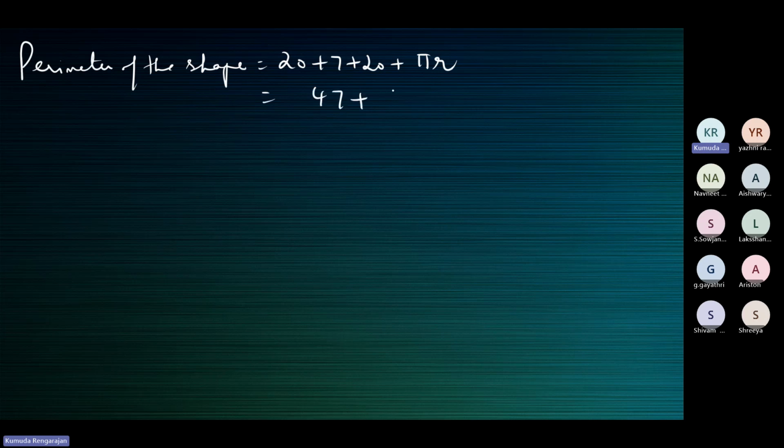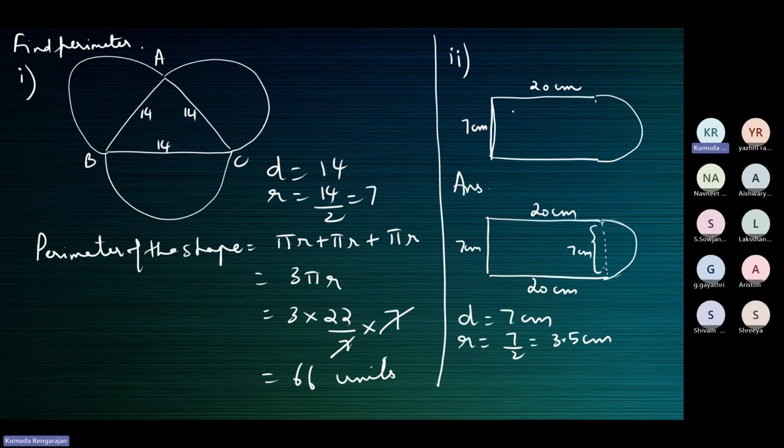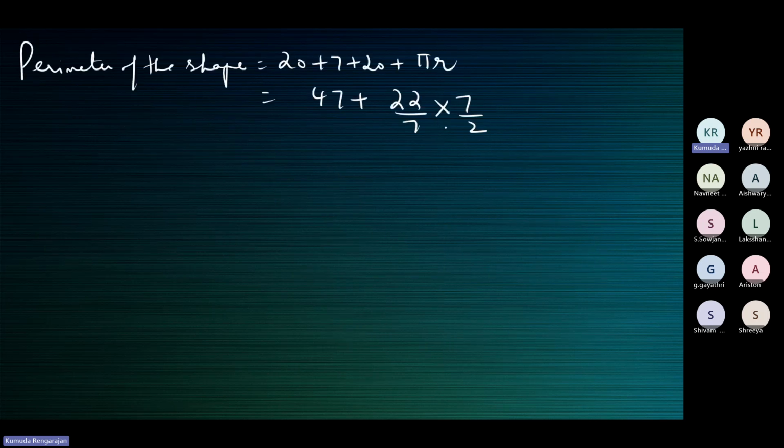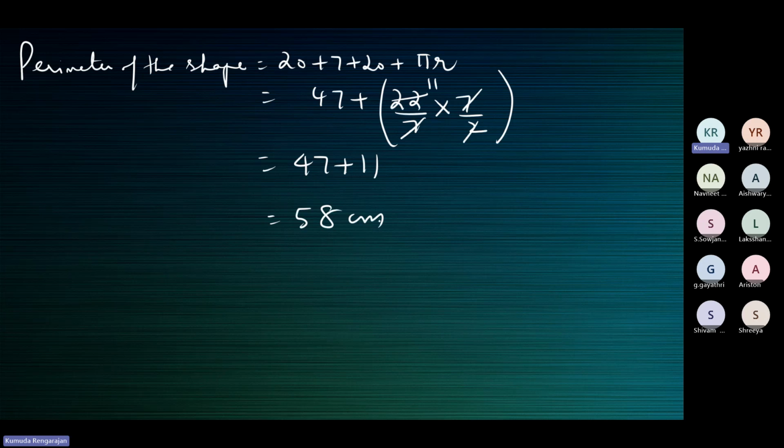Pi is 22/7 into r, 7/2. Don't take 3.5. You can, but take the fraction 7/2. So 7 cancels, 2 elevens are 11. So 47 plus 11. This should be simplified. So this is 58 centimeters.